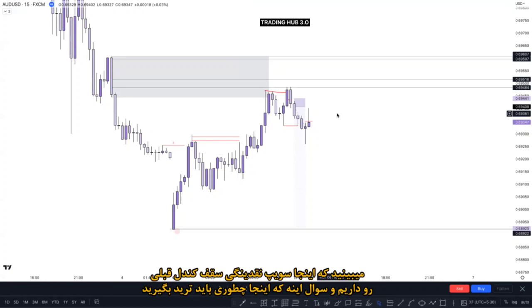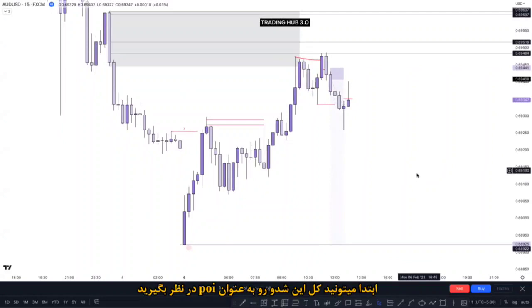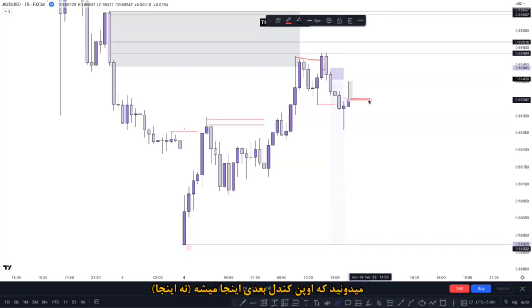how can you deal here? You can simply mark this as a PD array here. This one, this entire side over here, right? And some people ask me why not the entire candle? You can also take the entire candle, but the problem is here. The next opening candle is here. The next candle opens here at this time, not here.